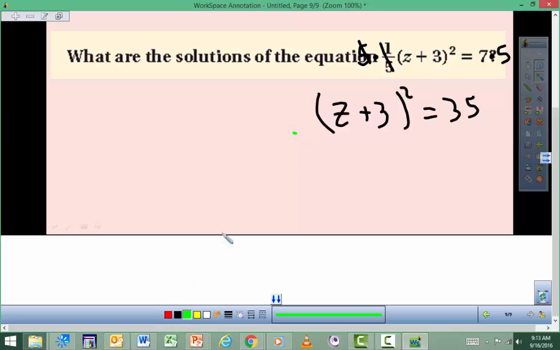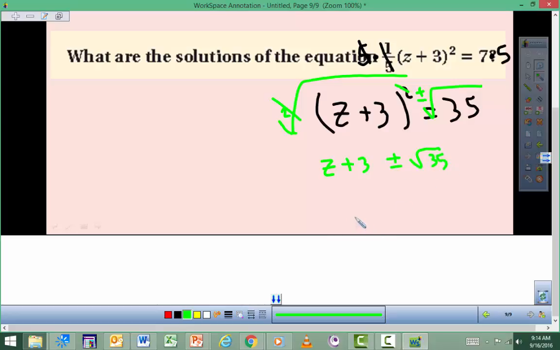So if you use the square root here, and you use a square root here, now remember, anytime you're solving for a variable, when you do your square root step, you need to put in a plus or minus here. And so the index is a 2, you have a square here, so those cancel each other, right? So when this cancels off with that, you get z plus 3. And then over here, you have plus or minus square root of 35.